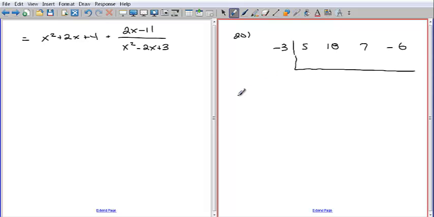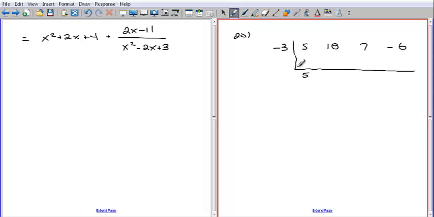We're dividing by x plus 3, which is the same as x minus negative 3, and this is k. So you can think of it as this number is the 0, or it's the negative of the term that's in the factor. Okay, so we bring the first number down.